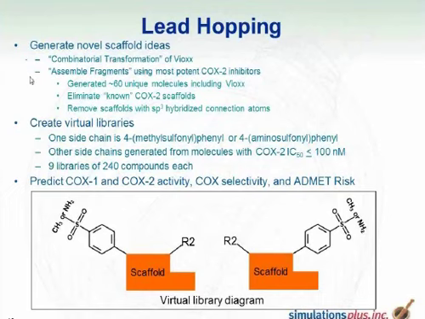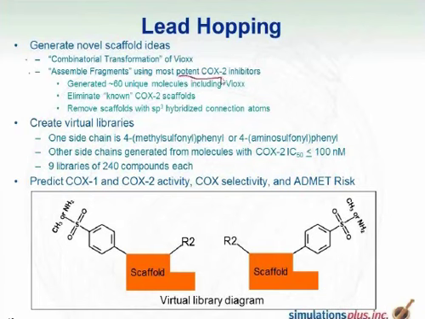Another way was to use a procedure called assemble fragments within MedChem Studio. This procedure, the first thing it does is generate fragments, and we used fragments from the World Drug Index, which is a standard file within MedChem Studio. So those are the scaffolds and side chains, and then it would add them to your query molecule, your starting molecule.